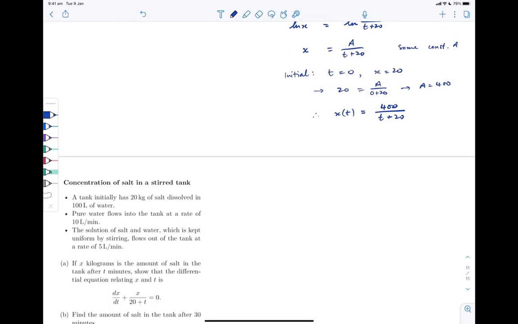Then we need to find after 30 minutes: x of 30 equals 400 over 50, which is 8 in units of kilograms. So there we go, 8 kilograms of salt remain after 30 minutes.